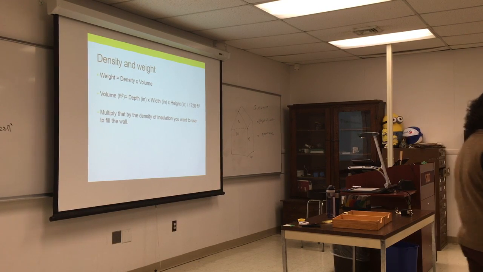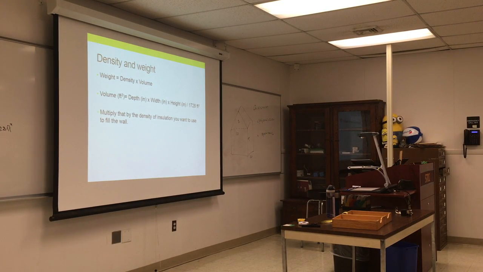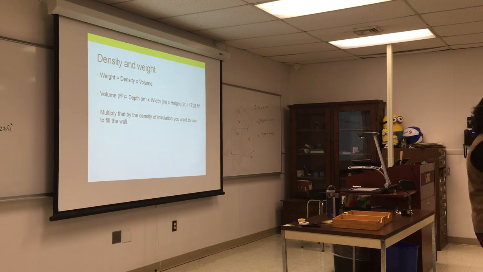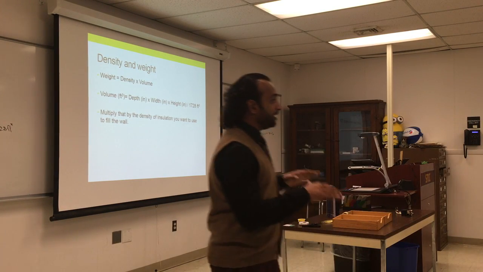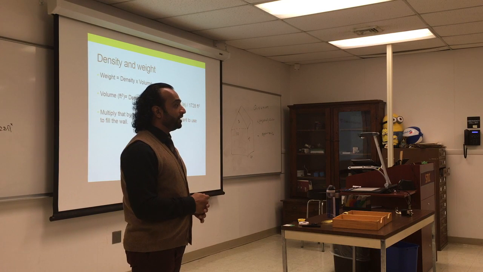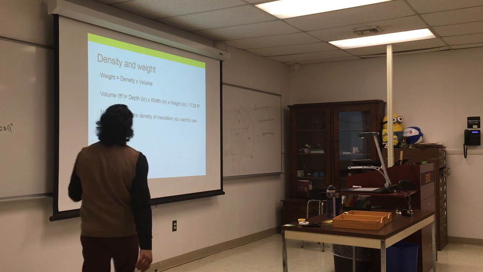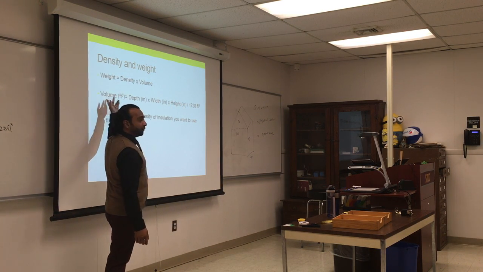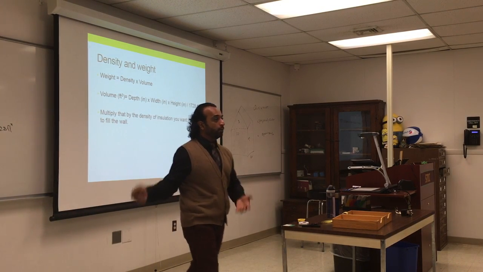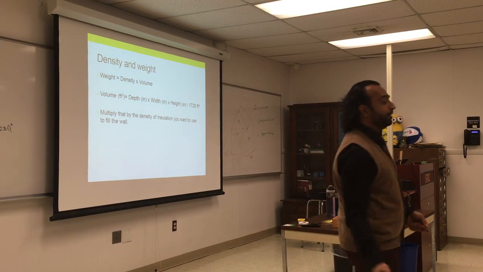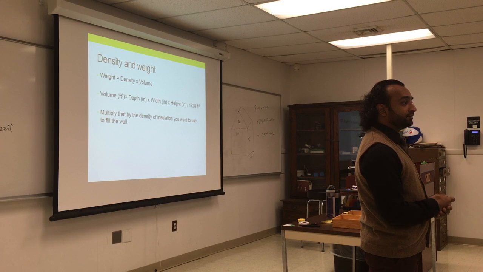Then you put it there, they fluff it. You might get shortchanged in the amount of insulation you put. After a couple of weeks, it will settle down, and you find you're not getting the R value that you actually designed for. So it's good for you to have the right amount of insulation. That's why we need to calculate the volume and find the weight, so you know that you bought a bag of 10 pounds and this 10 pounds has to go in that cavity.